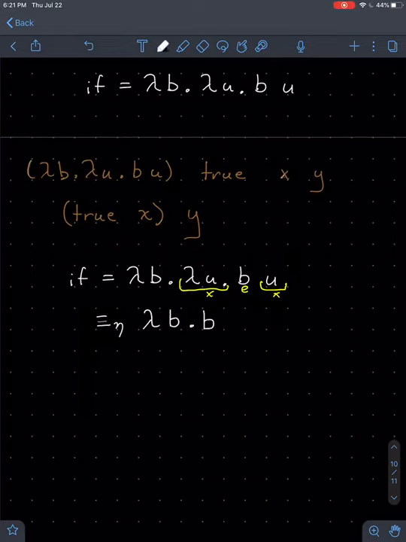Does anyone know what that's called? It's the identity. Okay, so at the end, with these reductions we've just done, the conditional is equivalent to the identity based off our definitions of true and false, which is kind of interesting.